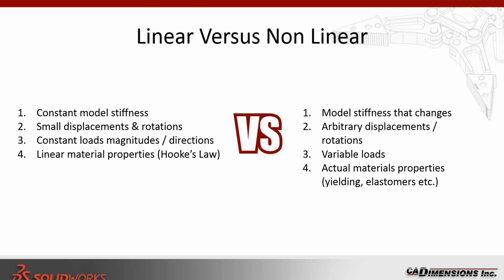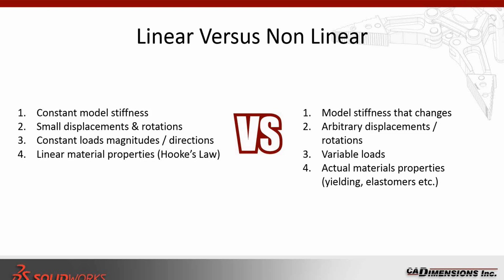This ties into the arbitrary displacement and rotation. So we don't have to worry about too much displacement or rotation in our part. We can allow it to move as it should due to the forces or pressure or loads that's being applied onto it.